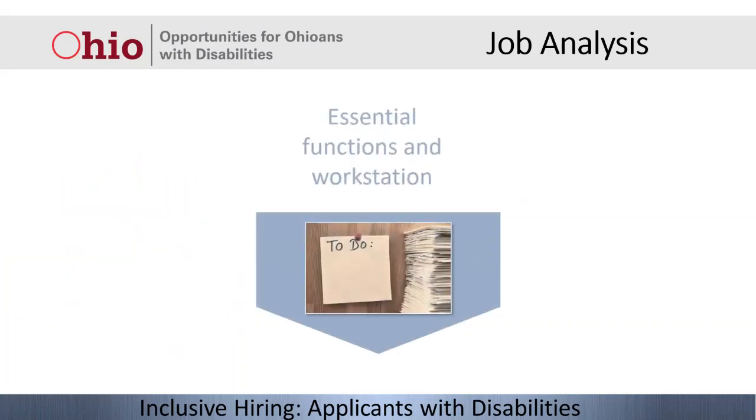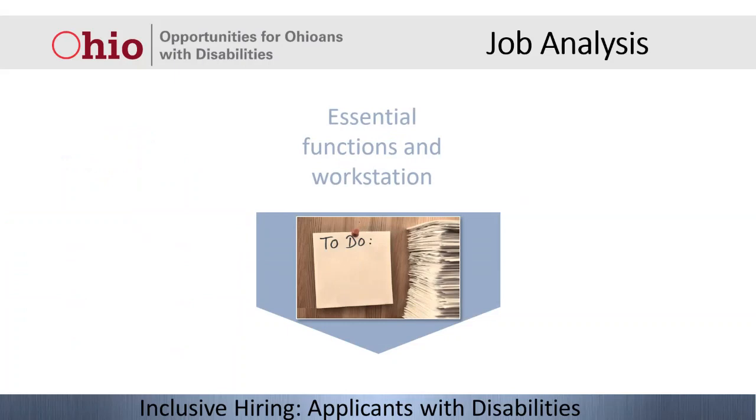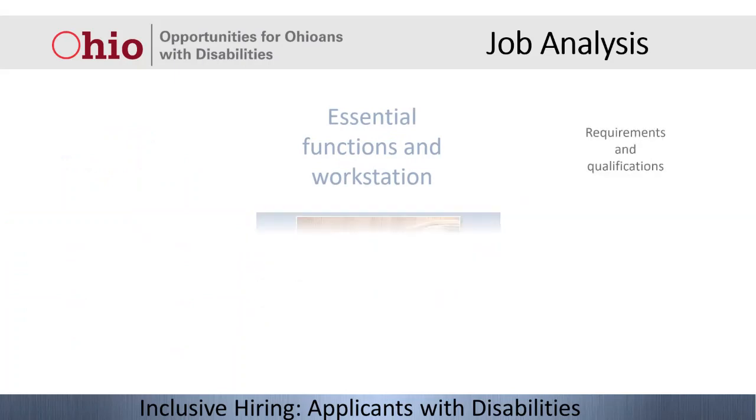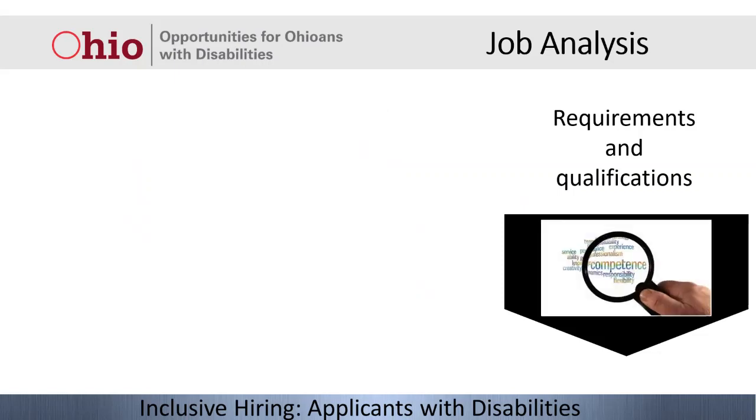Then you focus on the workstation and the job's essential functions. And then you collect information about the productivity expectations, the position's level of responsibility, the physical and mental requirements of the job, and any required qualifications.